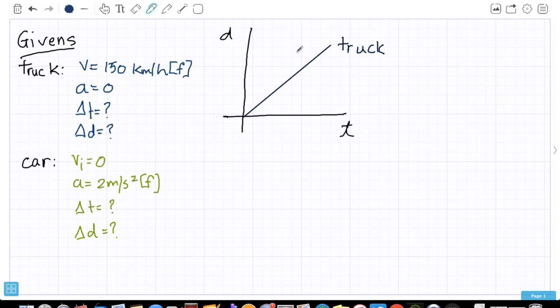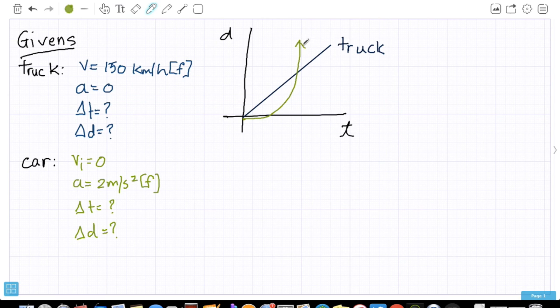Now, a police car is accelerating, so therefore its D-T graph is a curve. So it starts here, and then it curves like that.